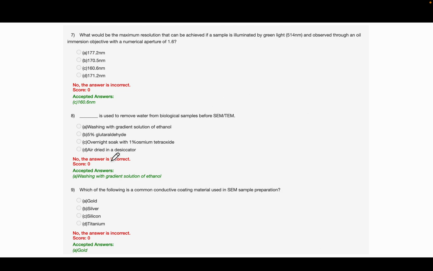What is numerical aperture? Numerical aperture is the refractive index times sin theta. Here numerical aperture is already given, so you just have to do the calculation.